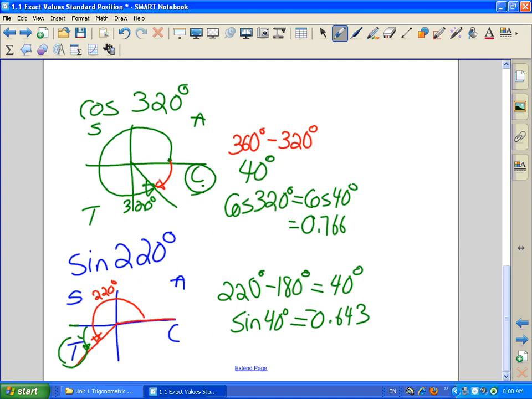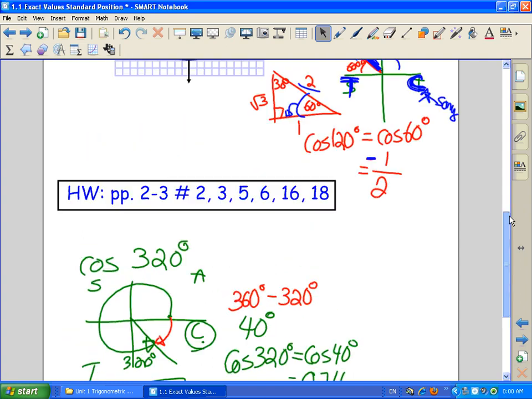Okay? All right. Any questions there? And again, folks, if you just plugged in your calculator sine of 220 degrees, you would actually get negative 0.643. All right? So again, just working on your CAST rule, what quadrant you draw that in, and how to get your reference angle are going to be important things.